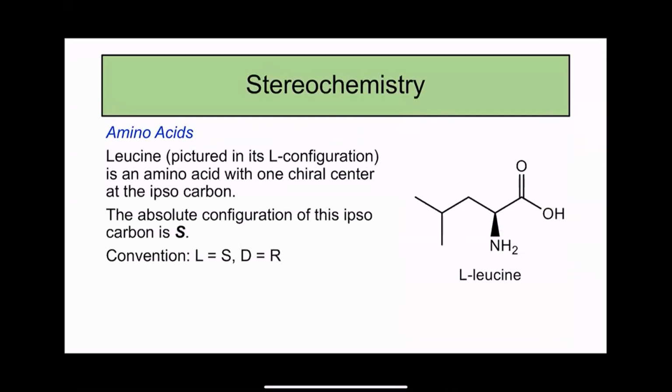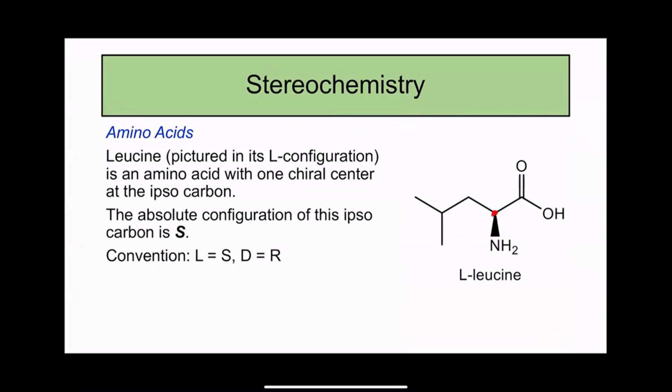So starting with amino acids, just remember that you do need to understand the stereochemistry of the alpha carbon. So what is the alpha carbon? It is the carbon that attaches to the nitrogen and then also your carboxylic acid. So this one right here is going to be the chiral center.